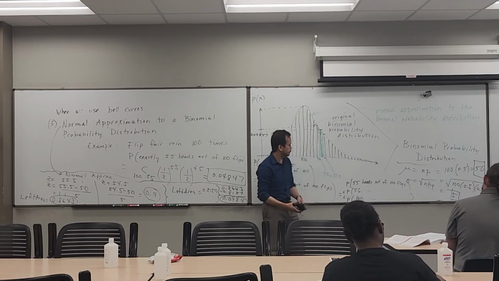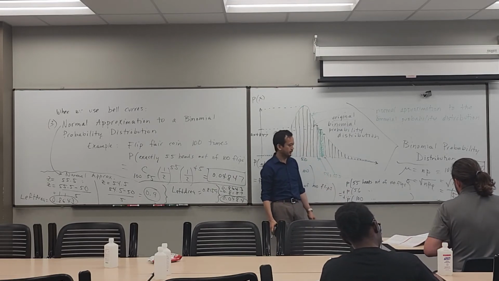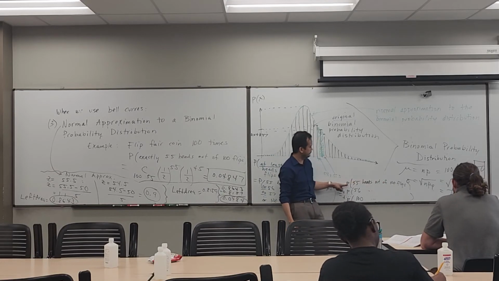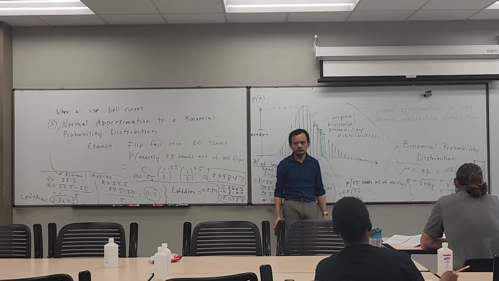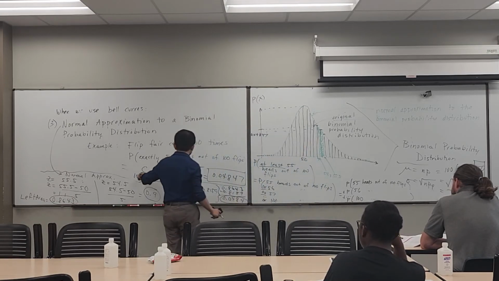And how do you find each of these individual probabilities? How do you find the first probability, the probability of 55 heads out of 100 flips? 100 choose 55. Yeah, it uses the binomial probability formula that we talked about.